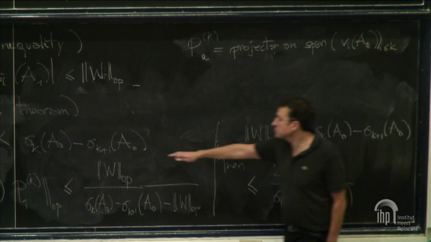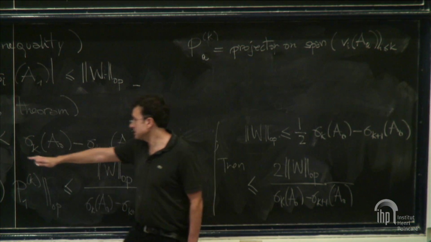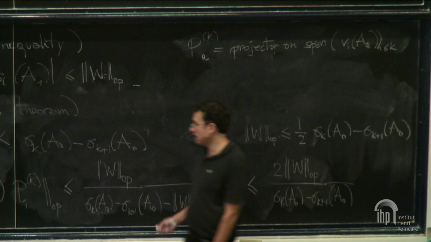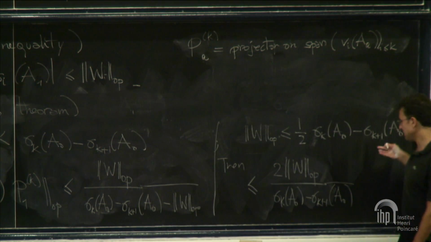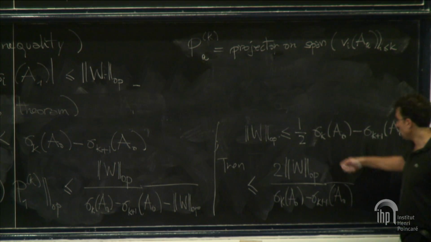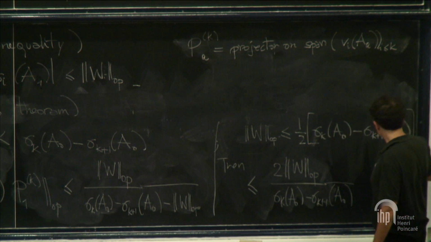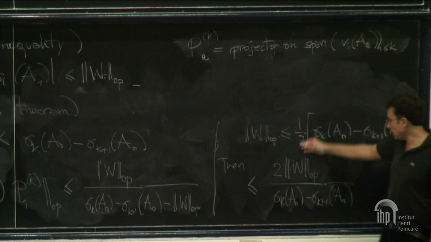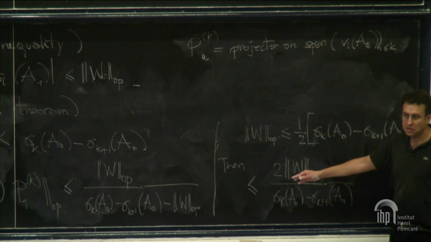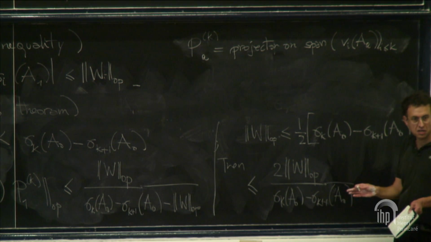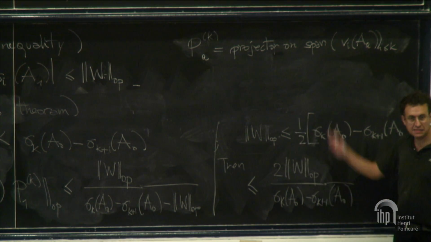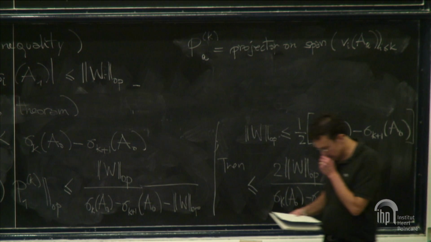I brought this just to emphasize that as long as the perturbation is smaller than the size of the gap, Wedin's theorem gives you something non-trivial. But in reality, in most applications, if you are happy to lose a factor 2 in the size of the perturbation, this is even cleaner. It tells you really that the amount by which the singular space shifts is the size of the perturbation divided by the gap times a factor 2.